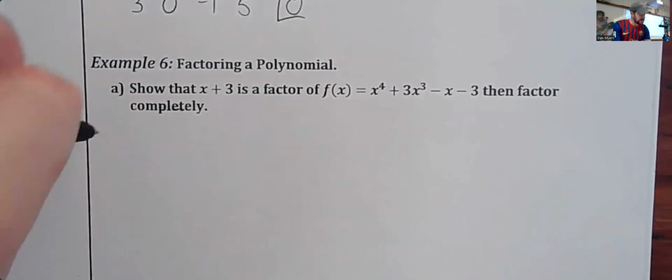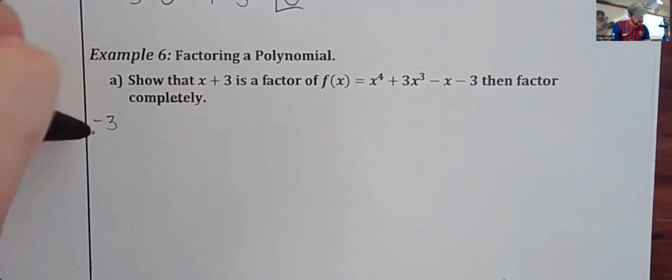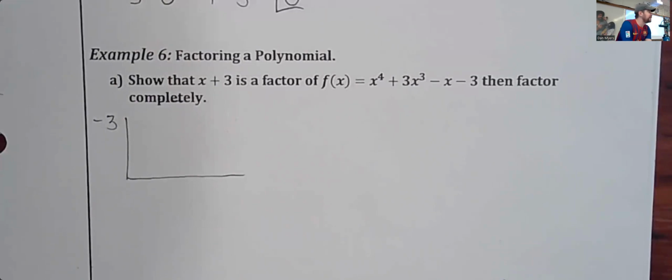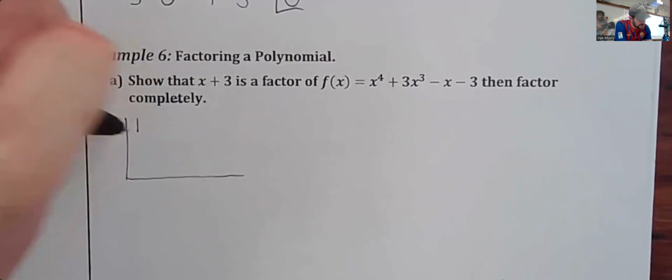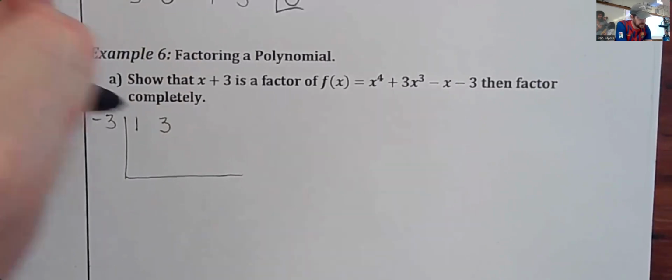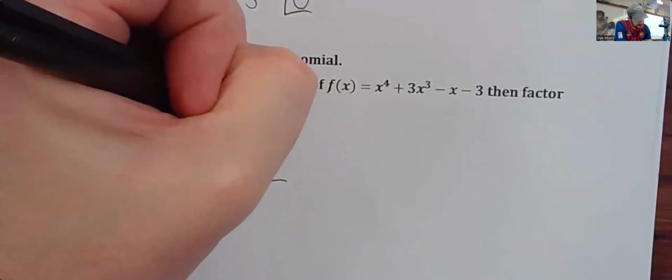Let's get this going. What number do we do on the outside of our division? -3. All right, let's set that up. We're going to have how many coefficients? 5, again, good. So we have our quartic of 1, our cubic of 3, our quadratic of 0, linear -1, constant -3.